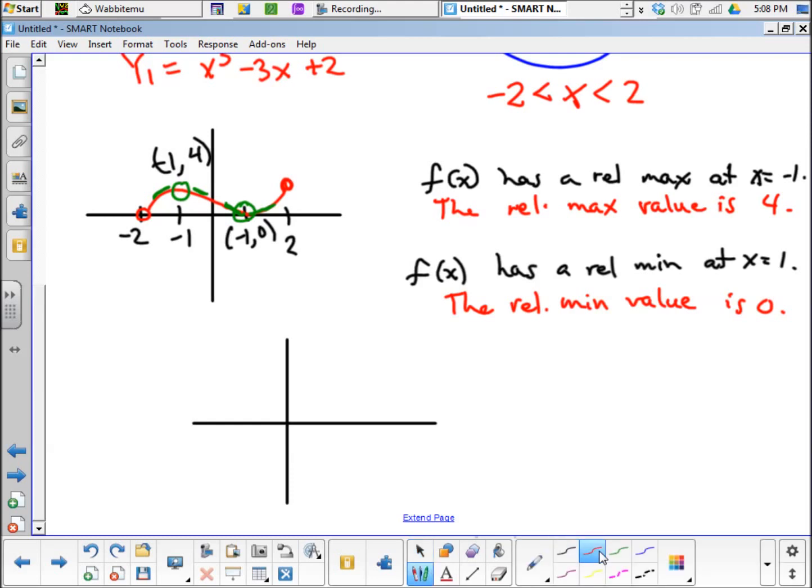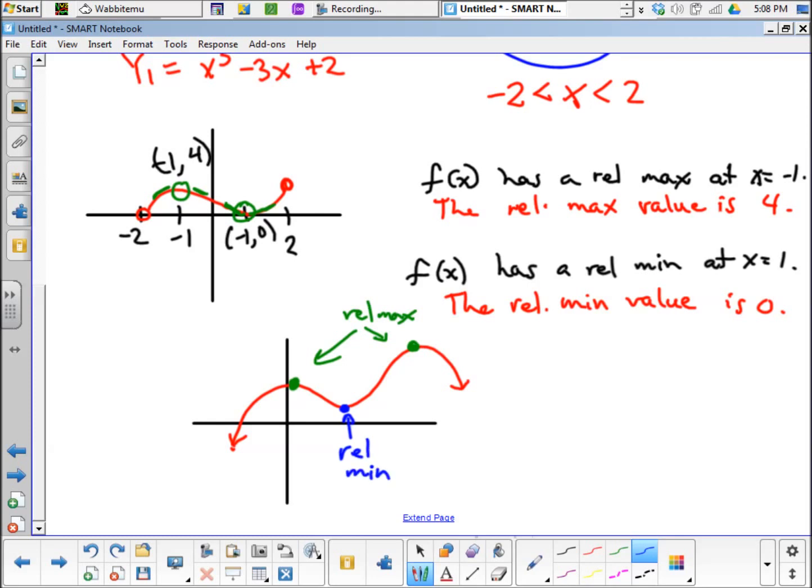Then your graph might look like this, see? You might classify this as a relative maximum, and this is a relative maximum. So there's two of them. And then this point as a relative minimum, like that.